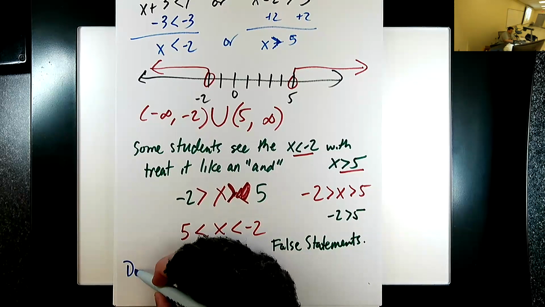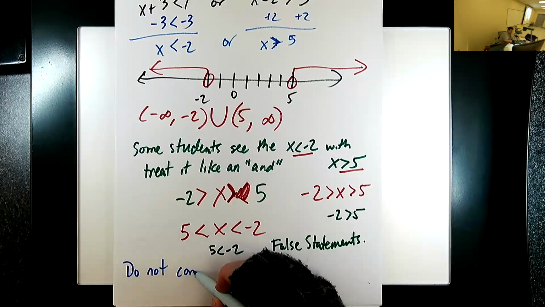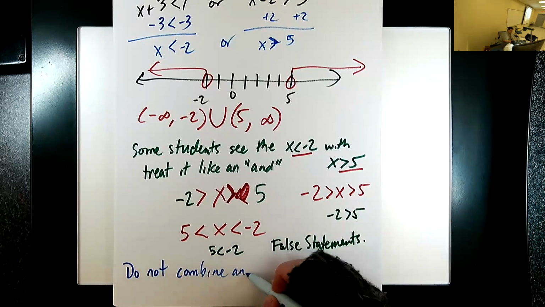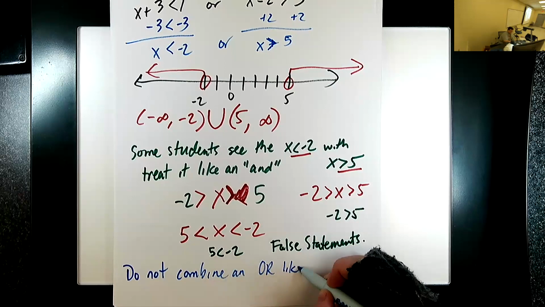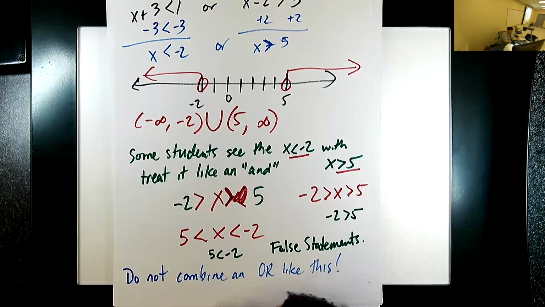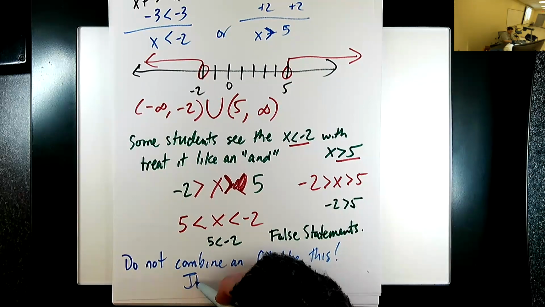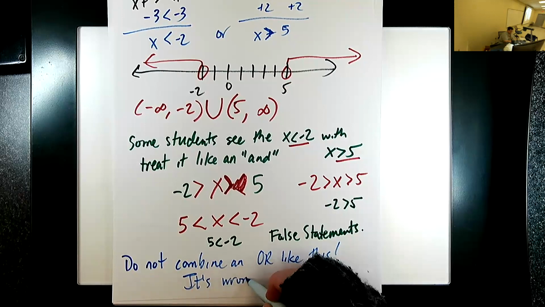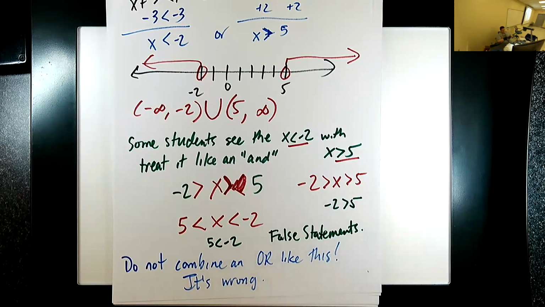Do not combine an "or" like this. It's wrong. And I hope by teaching you to remove the x and look at it, you'll be aware of that. You can always double check and ask, does this make sense if the x isn't there?